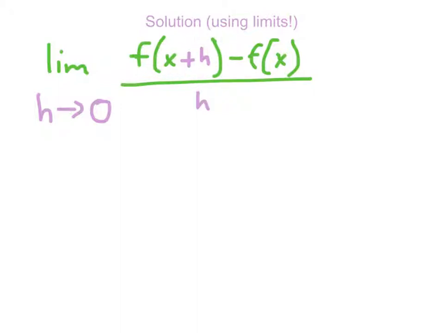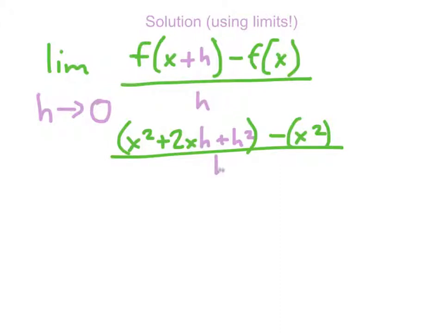Because that's the f of x formula. So we're going to write down x squared plus 2xh plus h squared. This is just algebra. And f of x is just minus x squared. Let me put parentheses. Okay, and this whole thing is over an h.